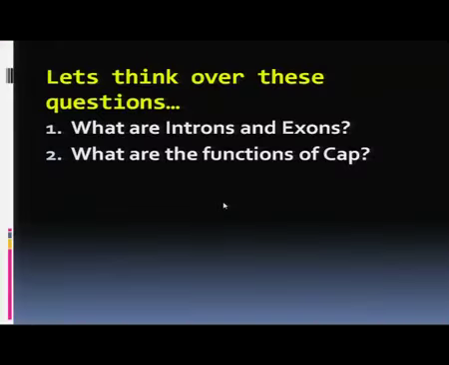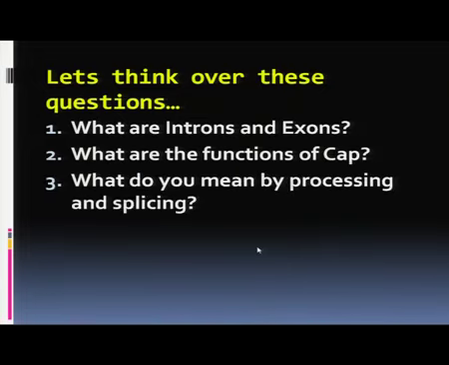Second question: what are the functions of the cap? The cap which is there in eukaryotic messenger RNA at the 5 prime end, what is the function of that cap in the messenger RNA? And what do you mean by processing and splicing? This processing and splicing occurs only in eukaryotes, not in prokaryotes. So, what is this processing and splicing?